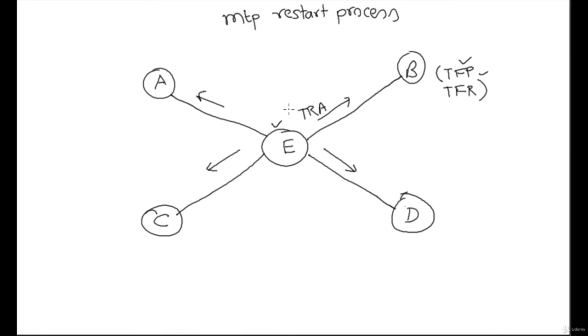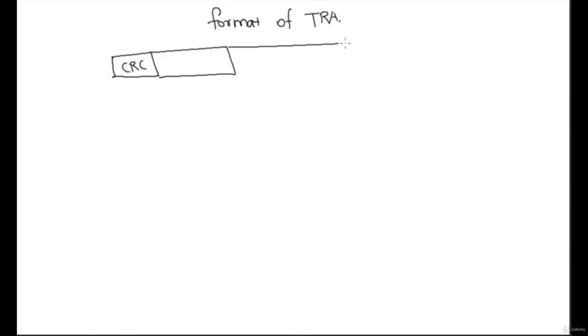Now we'll look into the format of the TRA message. There is MTP2 layer stuff like CRC, FSN, BSN, and other MTP2 parameters, which I'm not going into detail about.